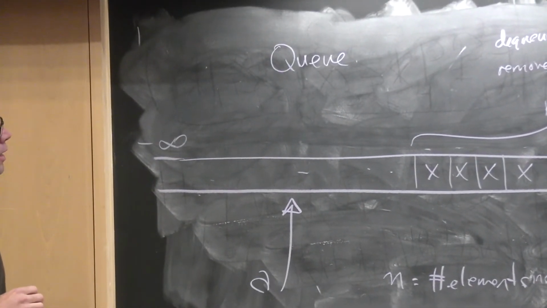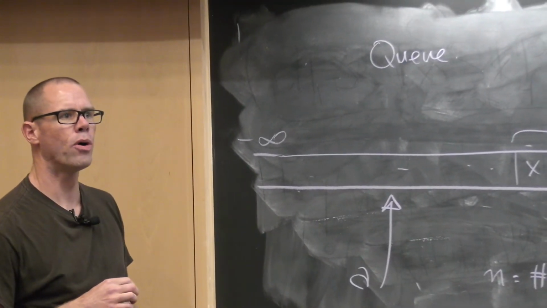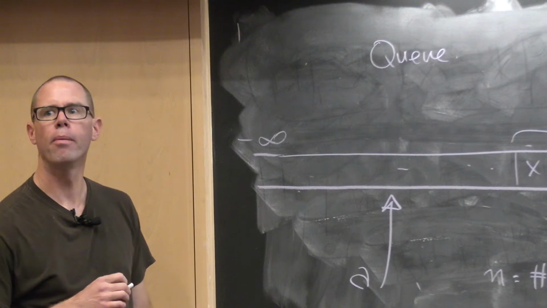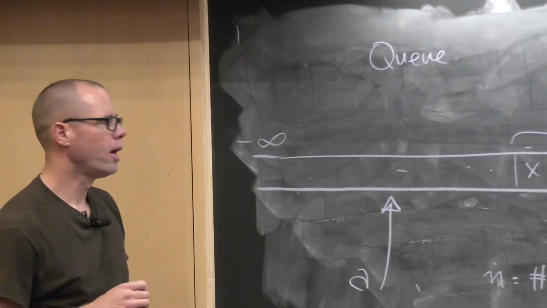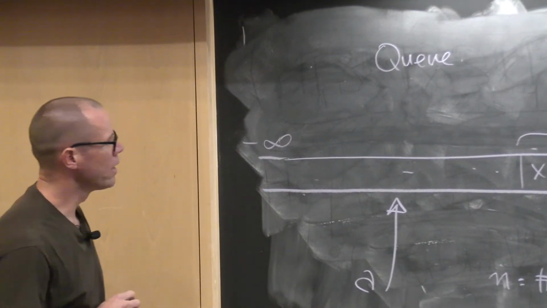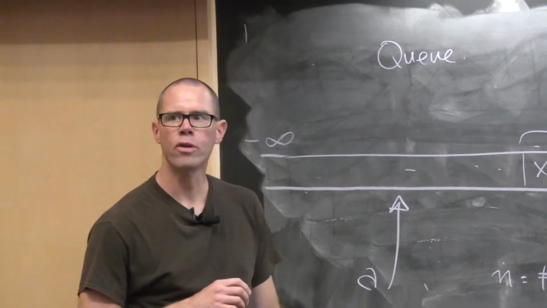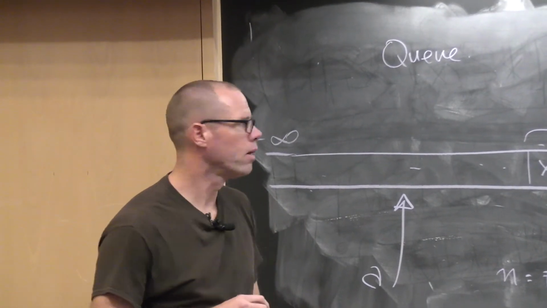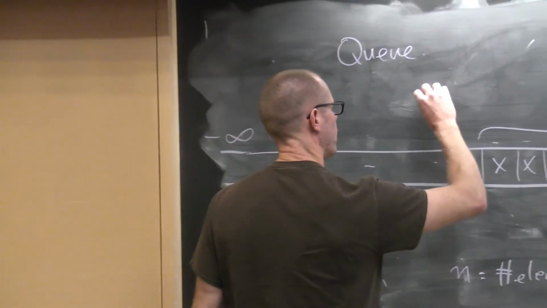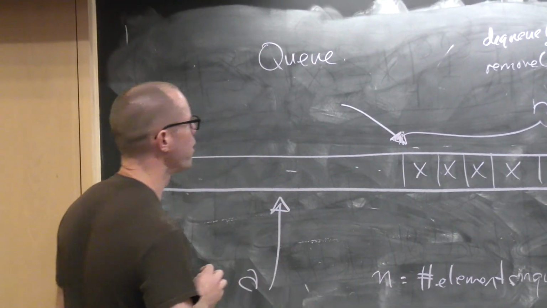Now, since we're implementing a queue, is there anything else we could store that might be helpful? Yep. A head and a tail. So a head means, let's say, the index of the first element. So this thing here.